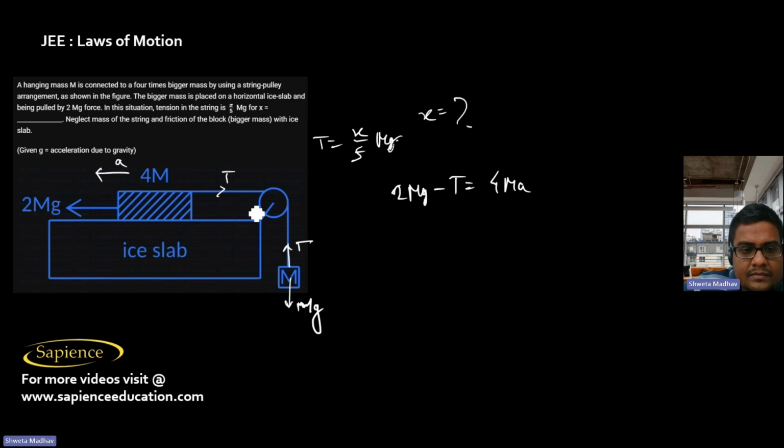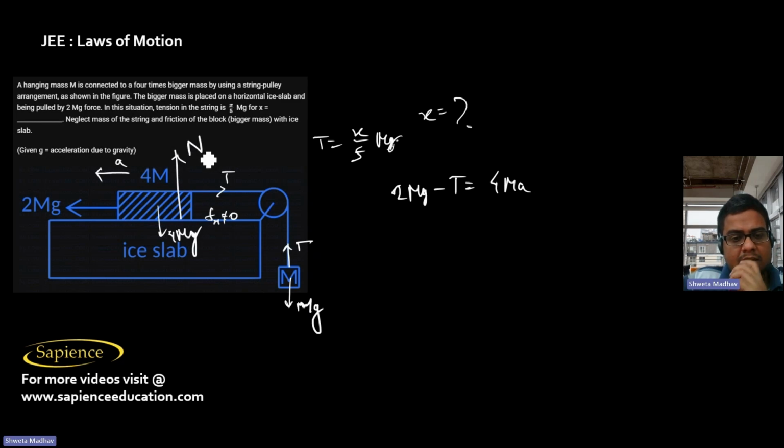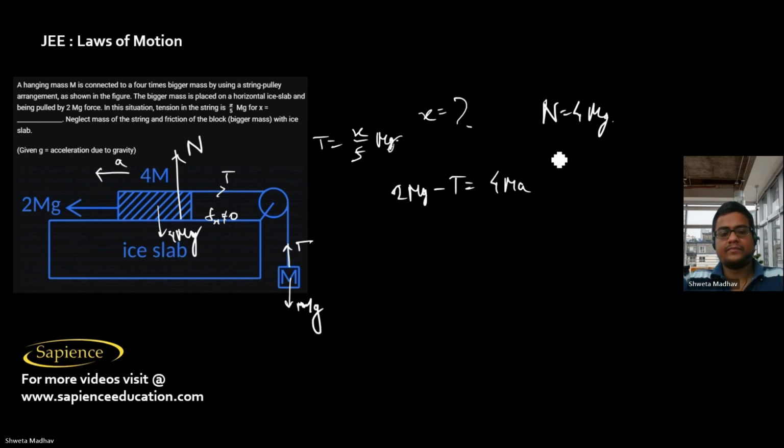And we can say here actually 4 mg is acting, and friction is not there. This is the normal reaction N. So therefore N will be equal to 4 mg, but it has no use.